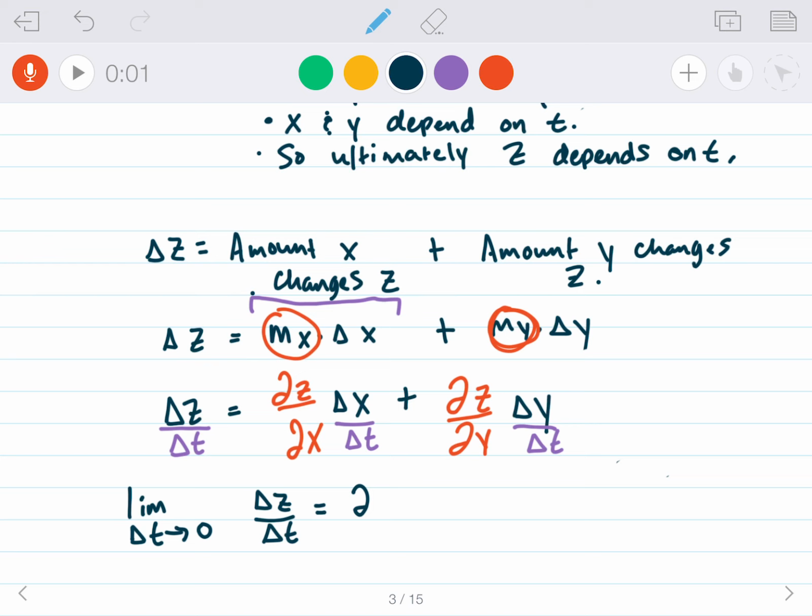Now the partial derivative, I don't have to take the limit as delta t goes to 0 because I don't have a delta t explicitly written there. But I am going to take the limit as delta x over delta t goes to 0.